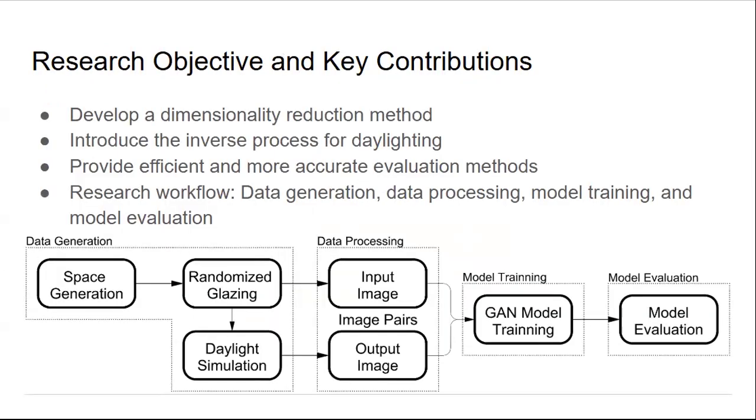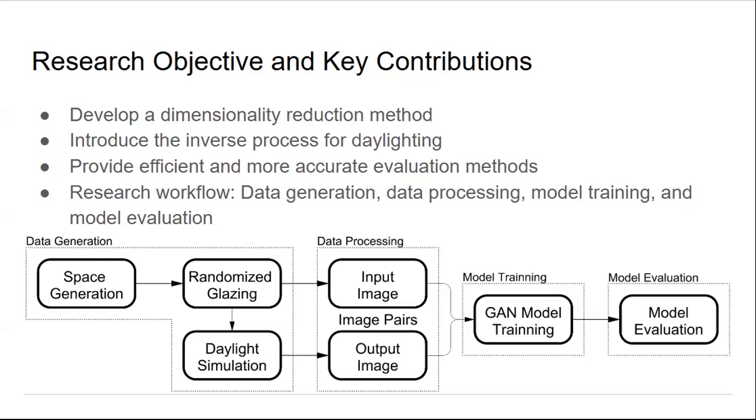So building on the research conducted by He and Lee's team, the primary objective of this study is to develop a dimensionality reduction method that simplifies daylight prediction. We also introduce an inverse process, which allows us to predict window configurations based on desired daylight results. This is a major innovation because it helps architects prioritize daylighting during the design phase.